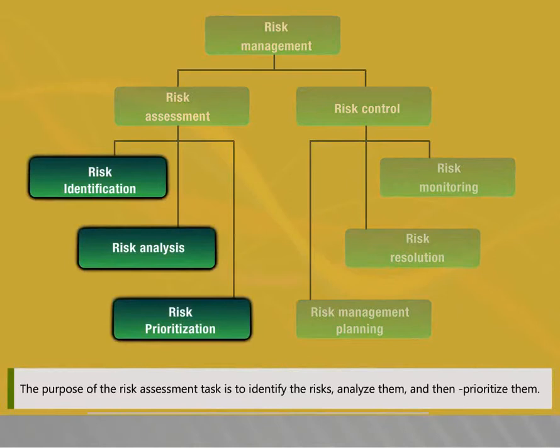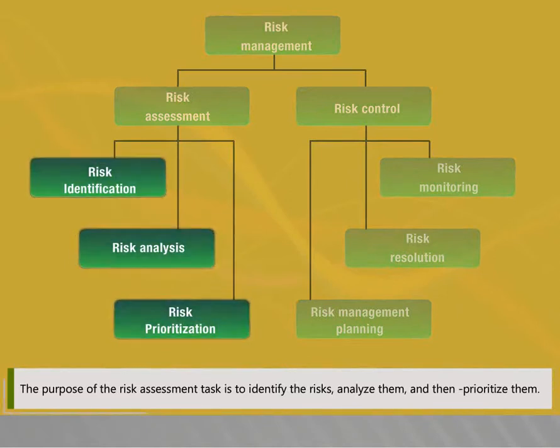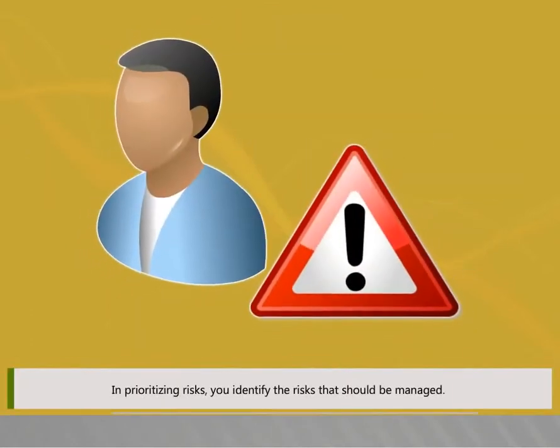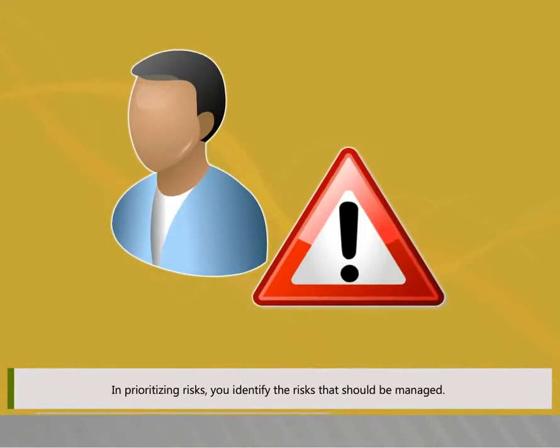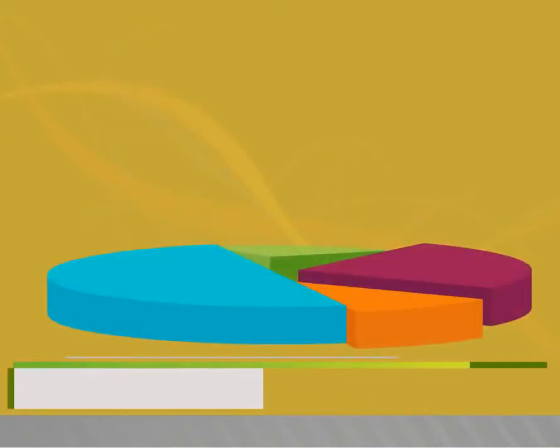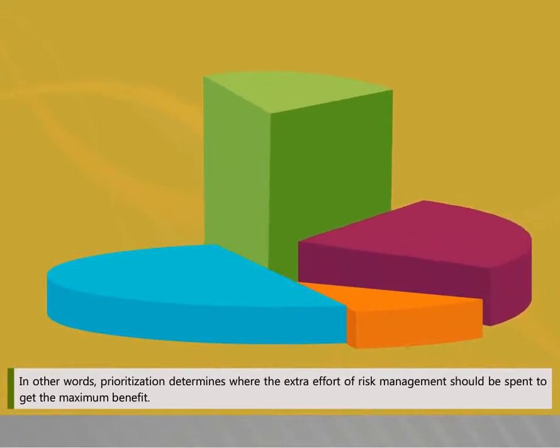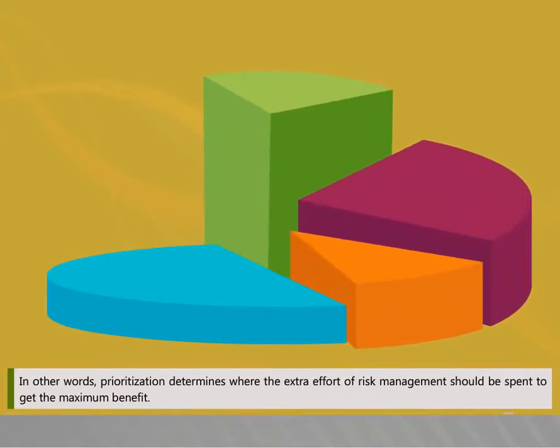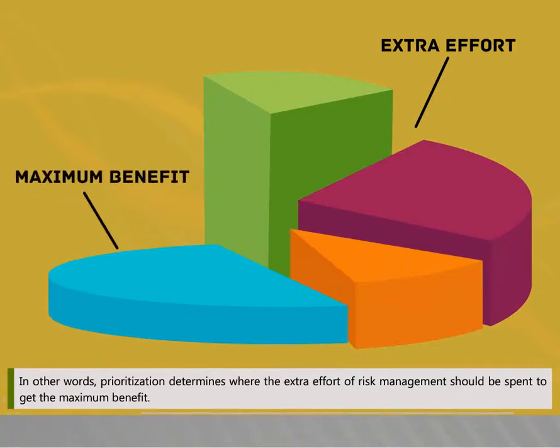The purpose of the risk assessment task is to identify the risks, analyze them, and then prioritize them. In prioritizing risk, you identify the risk that should be managed. In other words, prioritization determines where the extra effort of risk management should be spent to get the maximum benefit.